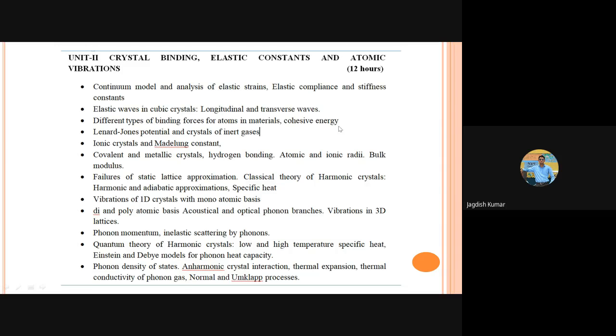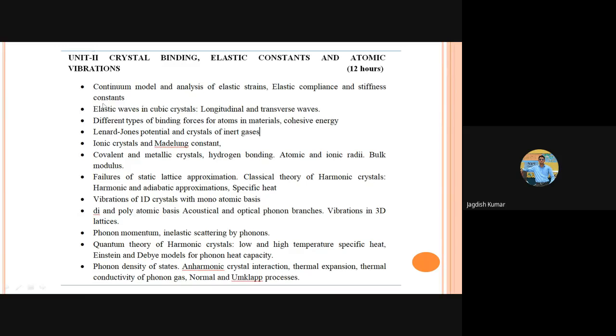But you should be clear, before we move to these topics, why this topic is important, what the static lattice approximation is, and how we abandon that approximation and incorporate the motion of atoms, or rather the vibration of atoms about their mean position.